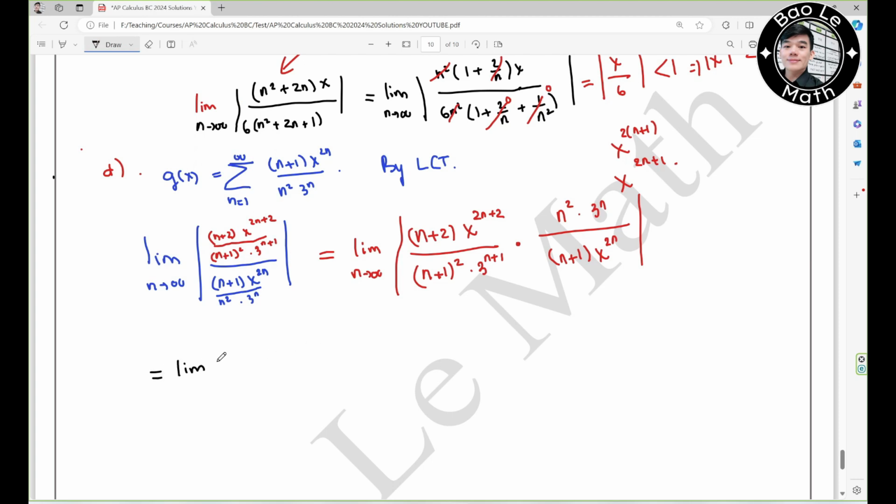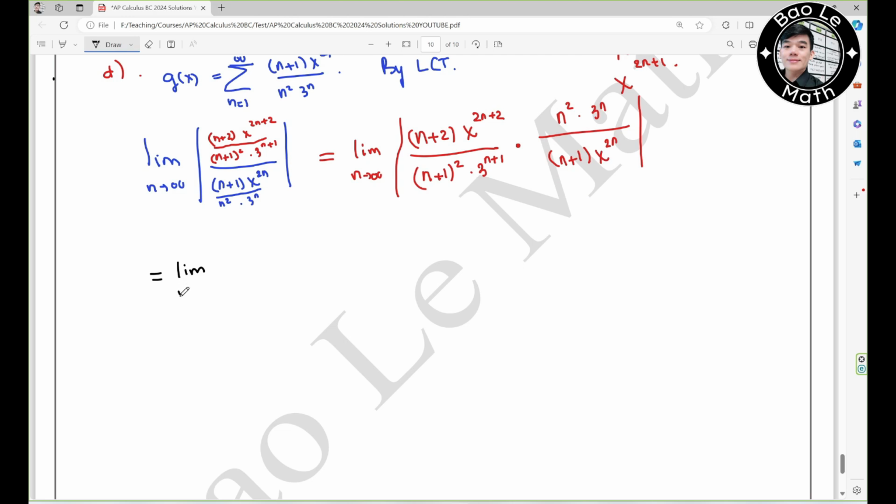This one we just simplify. s to the 2n, I just write s to the 2n times s squared. 3 to the n plus 1, I just write 3 to the n times 3. So we just simplify this.